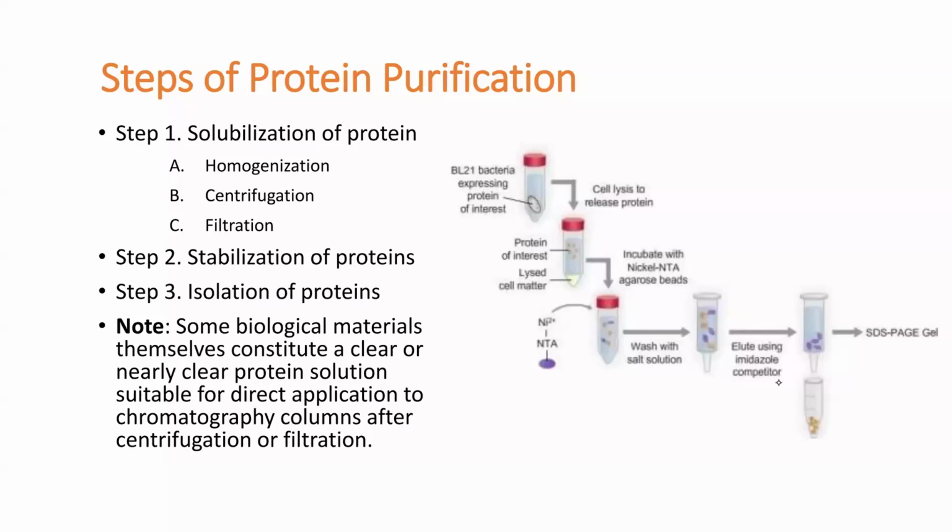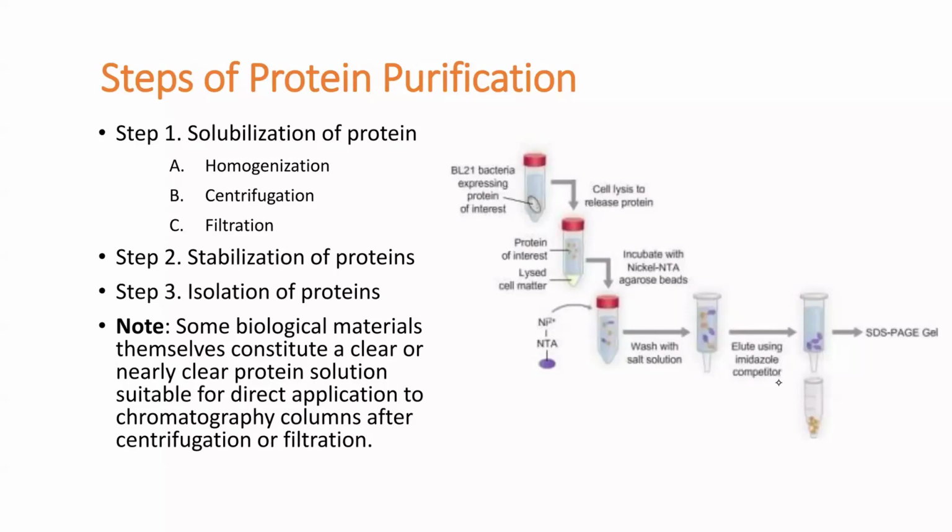Once you do that, the next thing is centrifugation. The centrifugation will separate different components of the cell, because remember, we have organelles: the nucleus, mitochondria, lysosomes, ribosomes, Golgi body. When you centrifuge at different revolutions per minute or at different gravity, you will be able to separate the individual organelles.